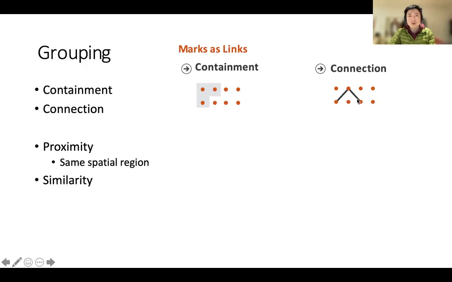Containment is dot, connection is lines. And then you can also use proximity, where you put the things which are similar next to each other.